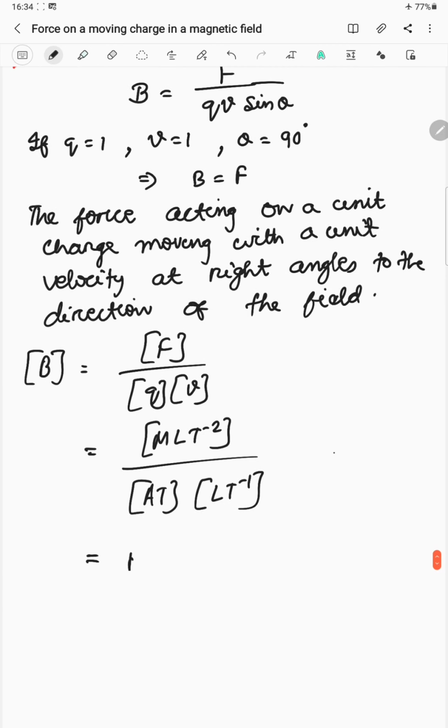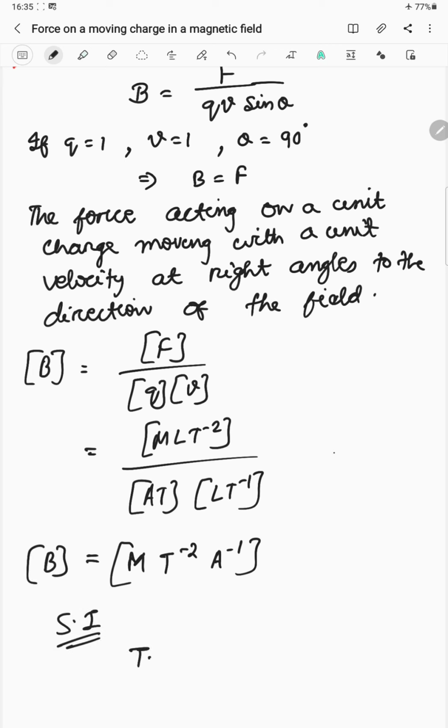If you solve it, you will have M, L will cancel, T to the power minus 2, A to the power minus 1. This will be the dimension of the magnetic field. Okay. Then what is the SI unit? SI unit will be Tesla, or according to the dimension it will be Newton per ampere per meter. Okay. So this is the dimension and SI unit of the magnetic field.